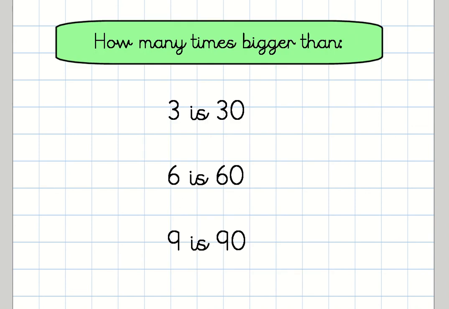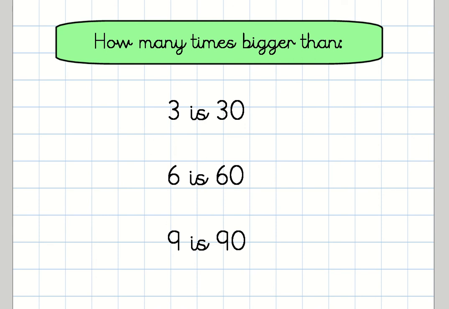What we're going to look at next, because we're going to be focusing on larger numbers today, is the relationship between different numbers. So I want you to think, how many times bigger than 3 is 30? How many times bigger than 6 is 60? And how many times bigger than 9 is 90? What that means is, what do you times 3 by to make 30?